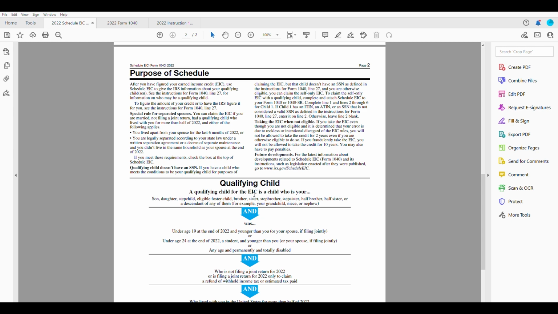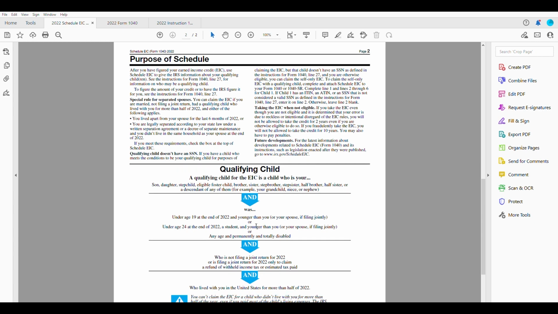They have to be under the age of 19 at the end of the tax year and younger than you or your spouse. Or they have to be under the age of 24 at the end of the tax year, a student, and younger than you or your spouse. If they are permanently and totally disabled, they can be any age. So these are the qualifying children parameters.